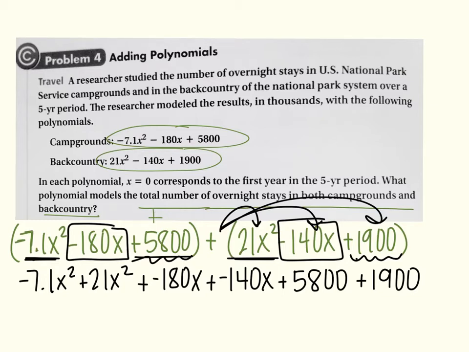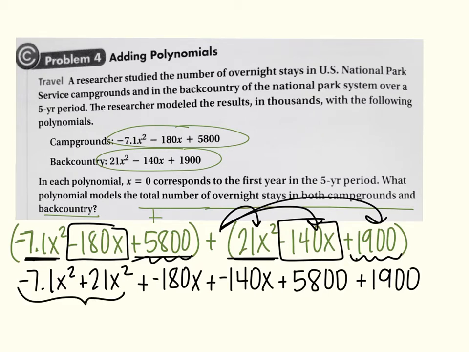And I explained to you what like terms were yesterday. As long as they have the same variable and exponent, they're like terms. The coefficient, or the number that's in front of the variable, doesn't matter. That can be different. But the variable and the exponent, like here the x squared, that's the same, so they're like terms. Here x and x, that's the same, so they're like terms.